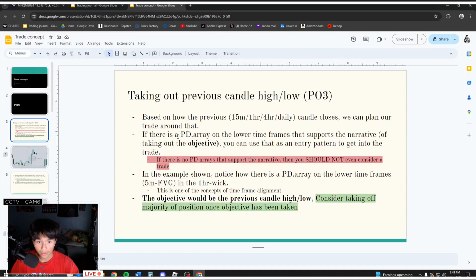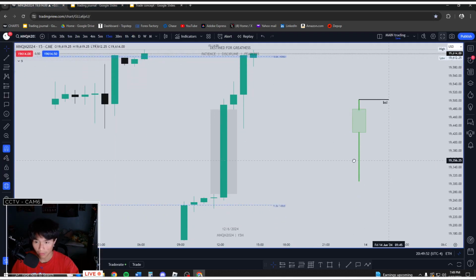When I say if there's a PD array on the lower time frames, what I mean by that is, let's say this is a 1-hour candle here.